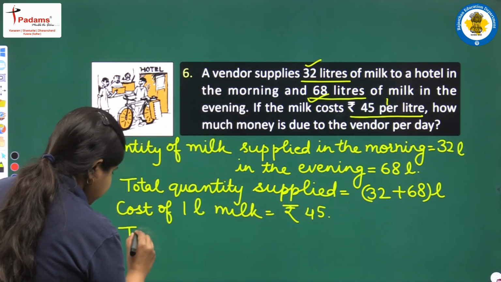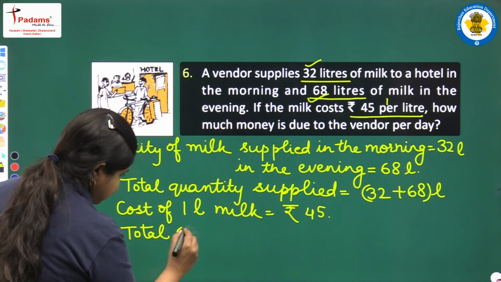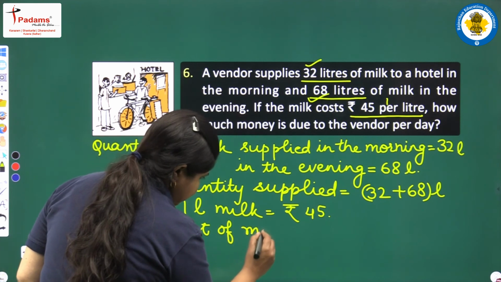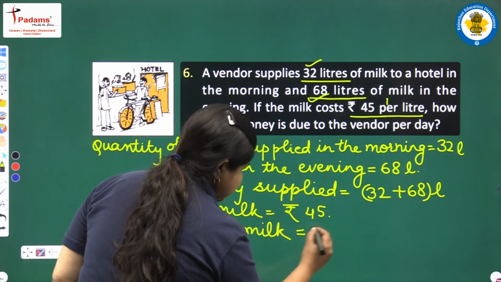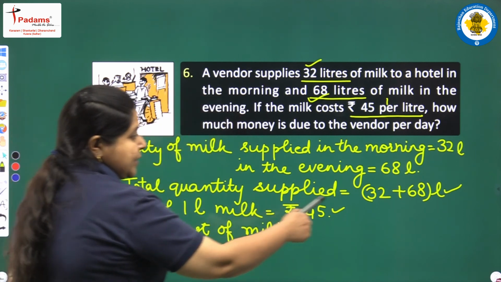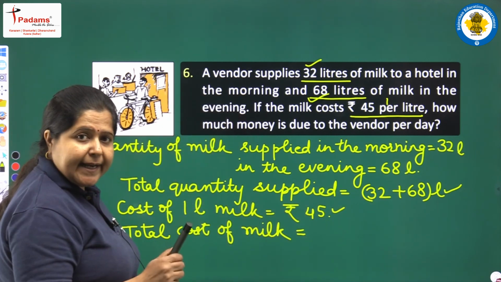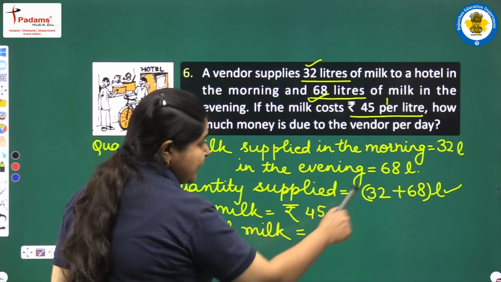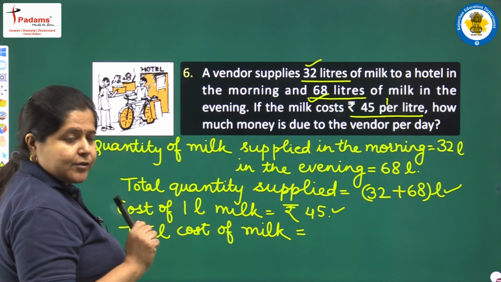So the total cost of milk will be, we need to multiply these two figures. This is the total quantity of milk that is being supplied, and this is the cost for 1 liter. So we need to multiply the two figures to get the total cost of the milk.